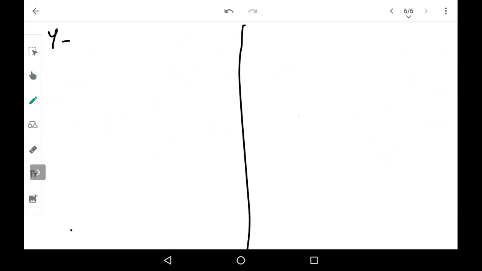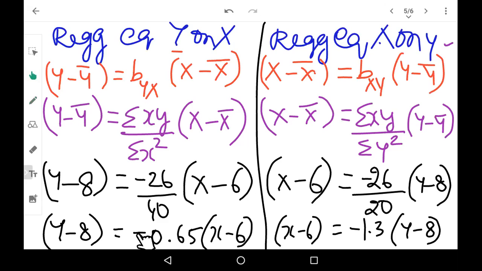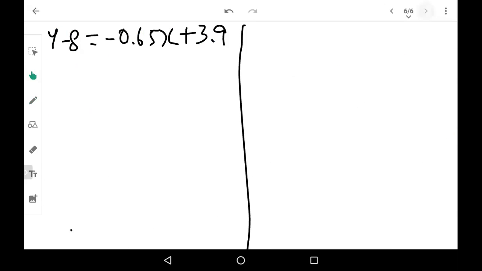Y minus 8 is equal to minus 0.65x, and then minus 0.65 into minus 6, you will get plus 3.9. How did I get plus? Because you have minus and minus. So minus into minus is plus. That is why you get plus 3.9.